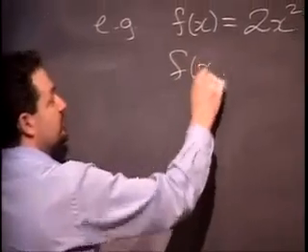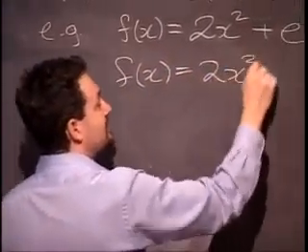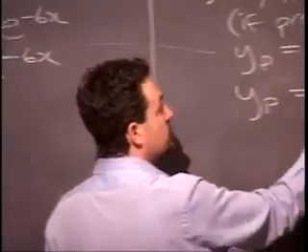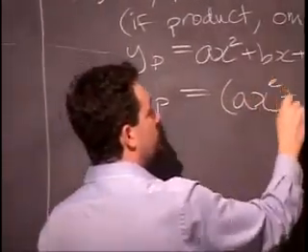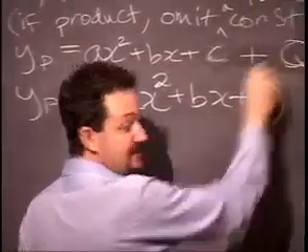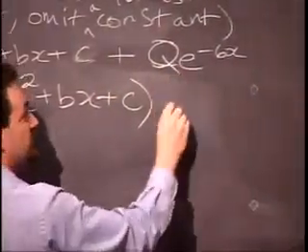No problem. Now, what about a product of these two? 2x squared e to the minus 6x. Well, here you might think that it should be the product of the two forms, and you are right, except you don't need the q anymore, or whatever you wanted to call it.